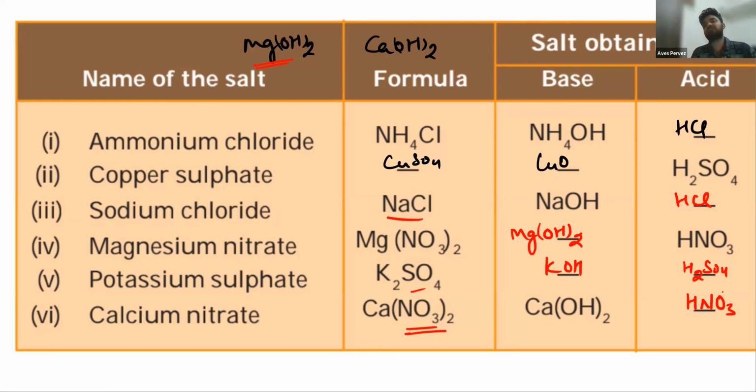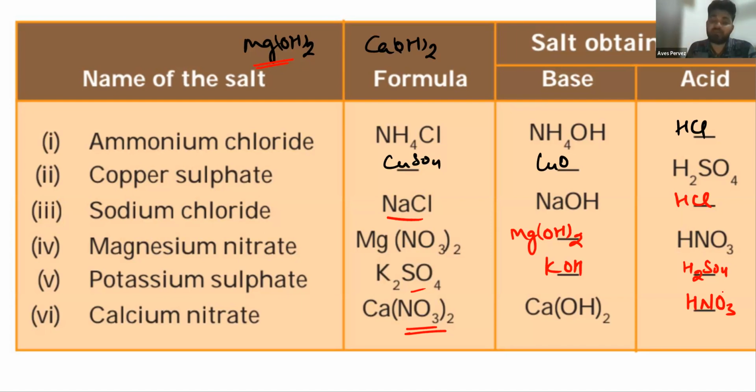But sometimes it is asked which are strong acids, which are weak acids, and whether it is an acidic salt or a basic salt. There are only 2 strong bases and 3 strong acids. Others are weak.